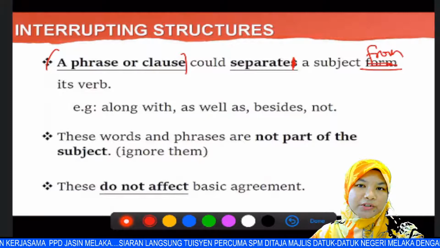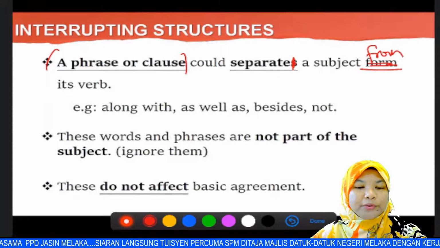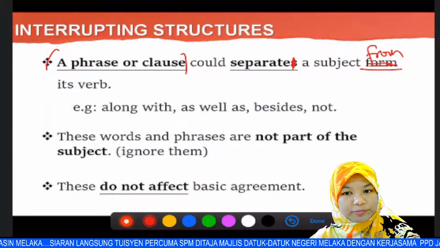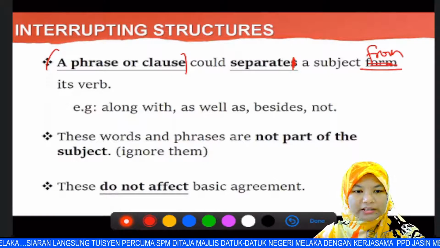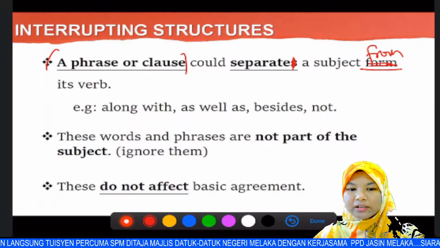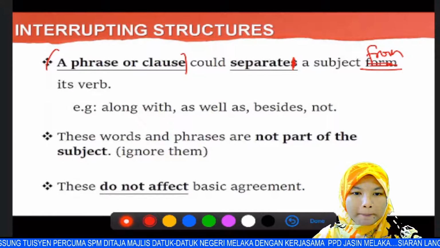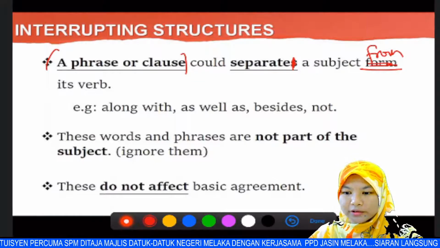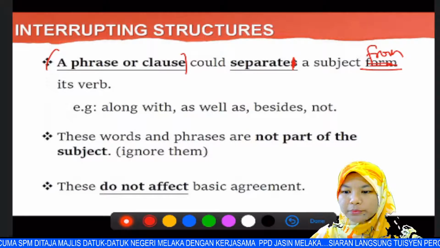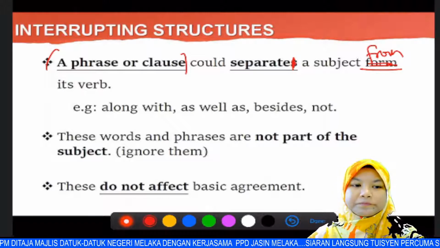Usually when you construct a sentence, you straight away put the subject and then the verb followed by the object. However, when you add another phrase or clause in between, you sometimes tend to get confused and have difficulty locating the real subject.